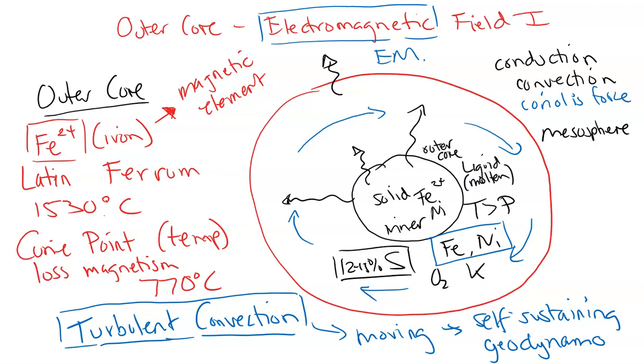The next video in the series will look at the principles of electrical currents and magnetism, and discuss also what the EM field is, how it serves us as a planet and also as humans on this planet, and we'll look at the applications as well.